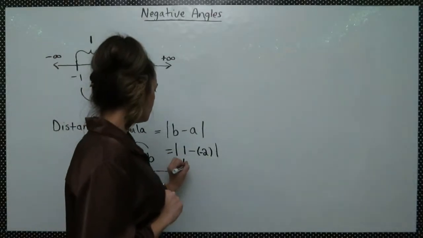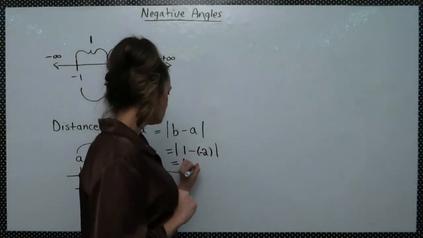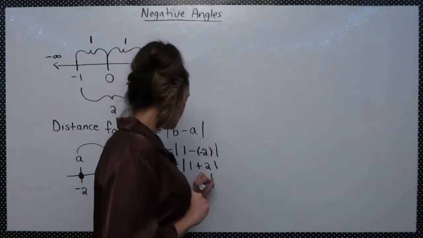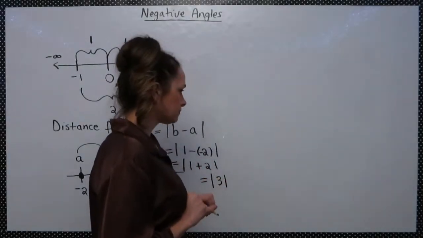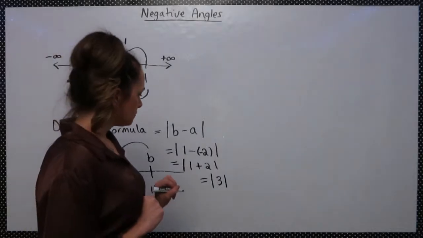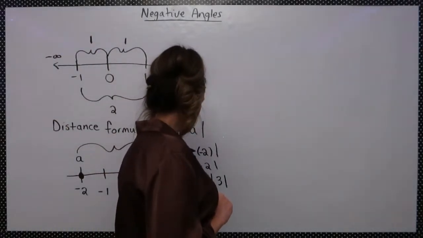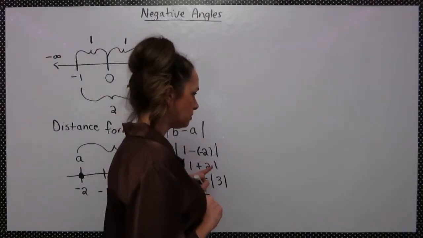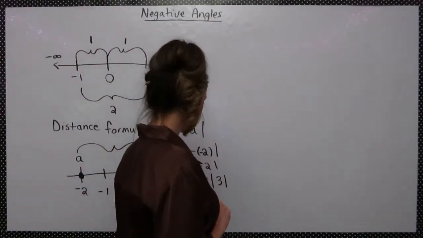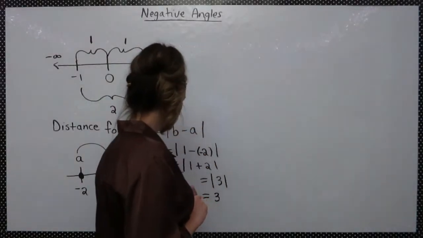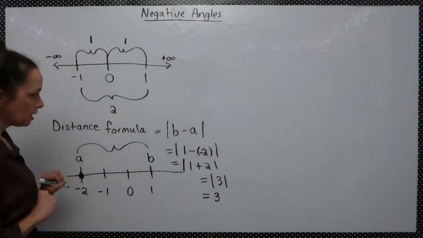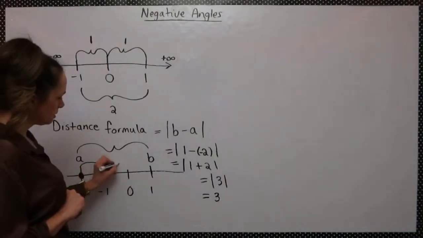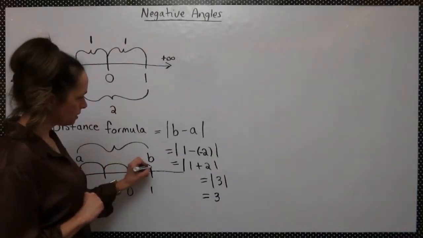So this would be the absolute value of 1 minus -2, which is 1 plus 2. And then you end up with the absolute value of 3. And remember, absolute value is always positive. It takes positive and negative values, and it only returns positive values. So this one is the quantity distance 3. And intuitively, we already could see that because we traveled 1, 2, 3.